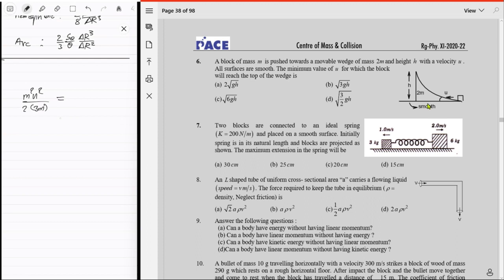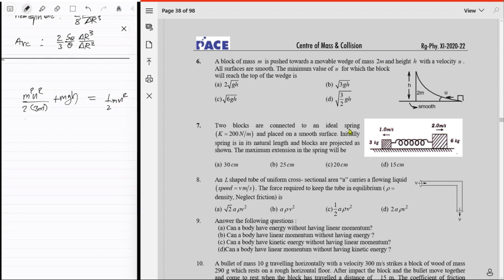And this is equal to initially half m u squared, but finally you also have gravity, so there's potential energy as well. So plus mgh, where the height is h.